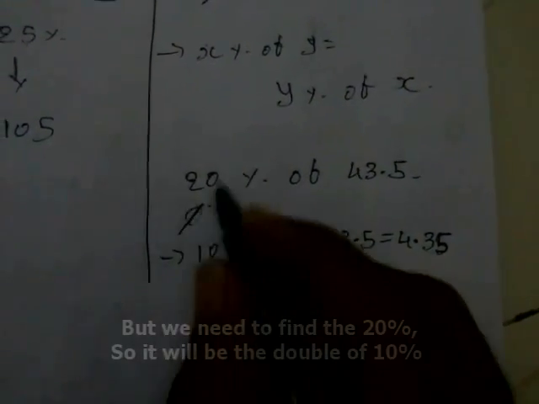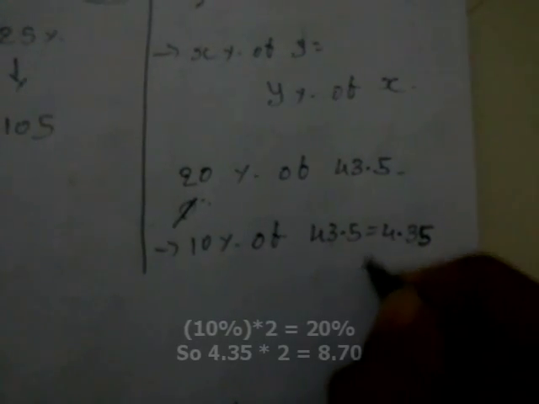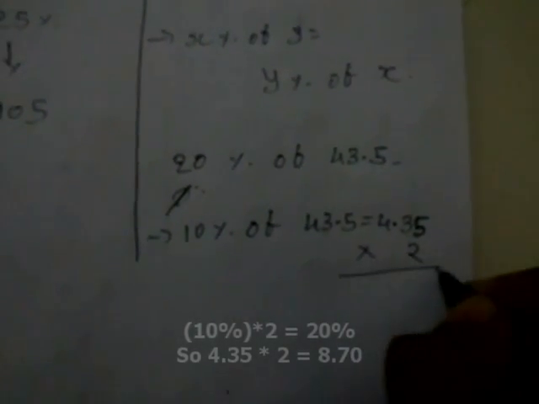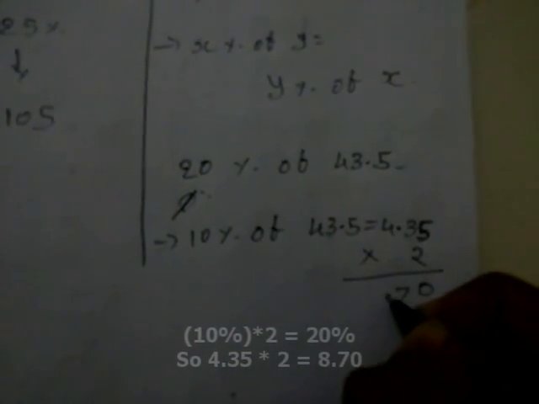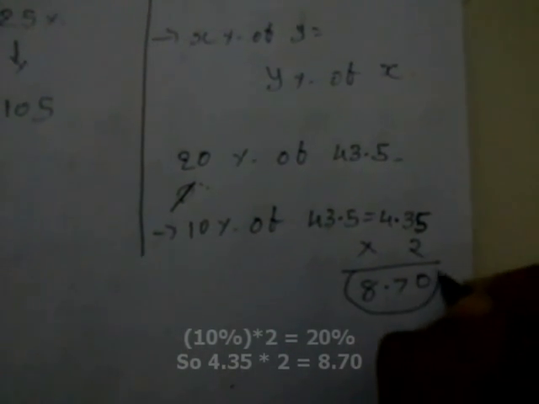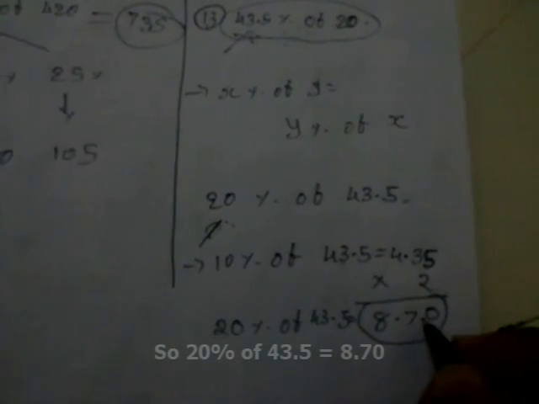So after moving the decimal point to here, it will become 4.35. But we need to find out the 20%, so it will be the double of 10%. So by multiplying by 2, we'll get 8.70. So here's the final answer. 20% of 43.5 will be 8.70.